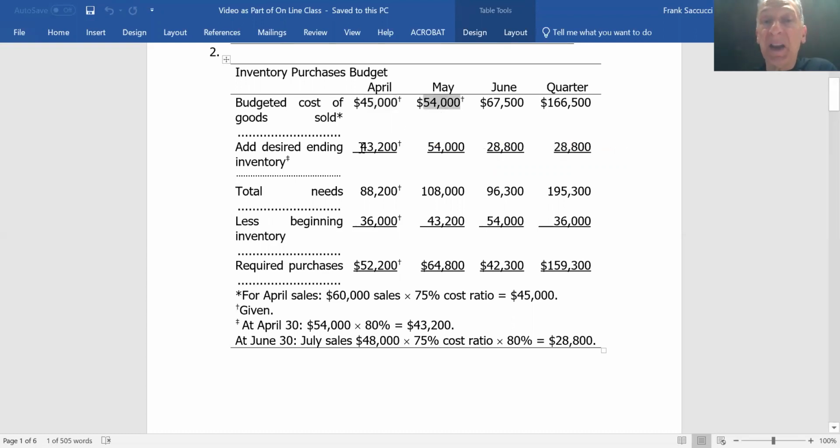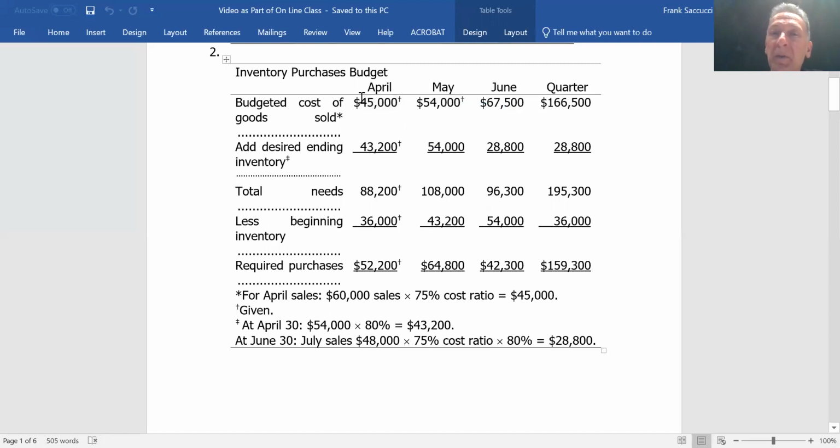This company wants 80% of that sitting in ending inventory before this month starts. So whatever we think we'll surrender as inventory at cost, this is what we want the prior month's ending balance to be.